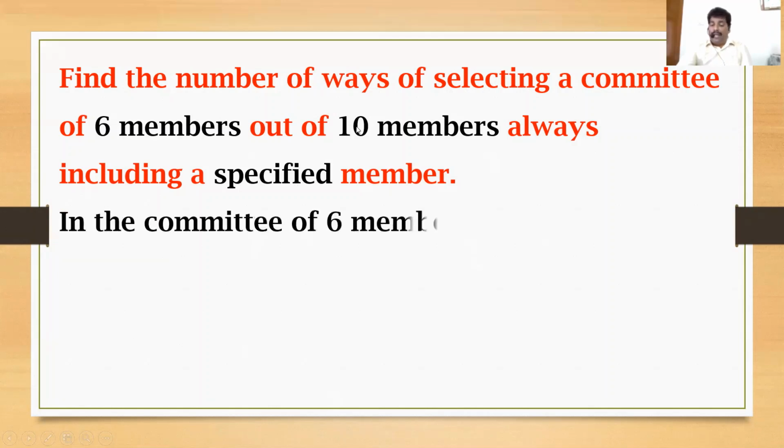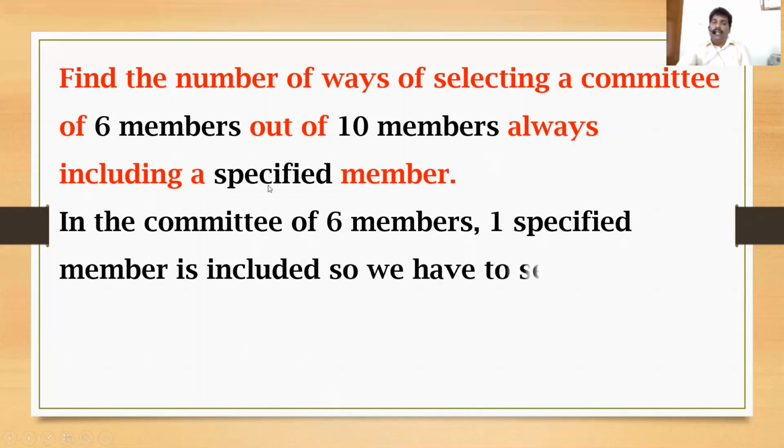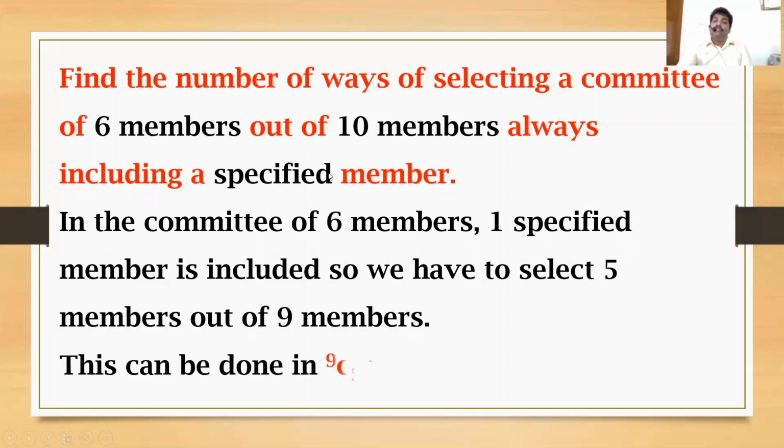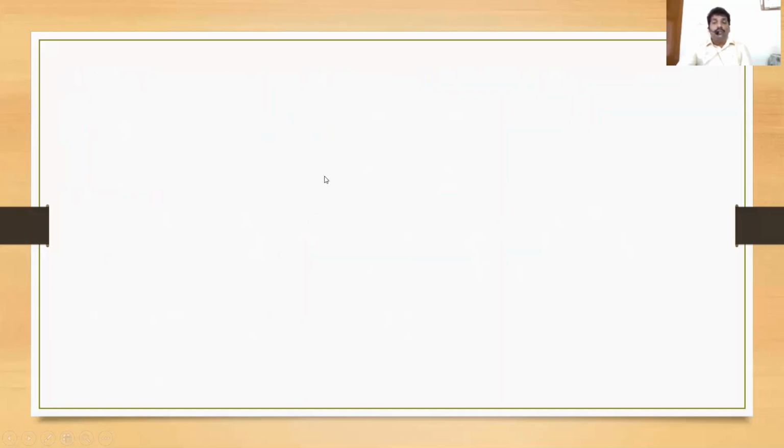So from the remaining 9 members, we have to select only 5 members, because a specified member is already included. That's why the 6 member committee becomes only 5 members. This can be done in 9C5 ways.